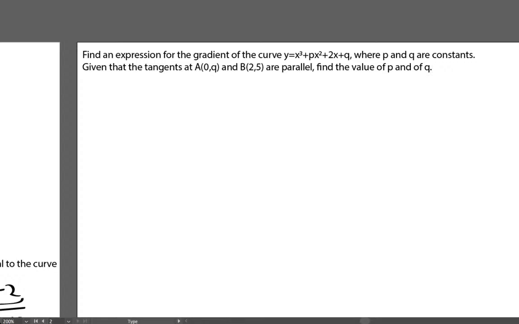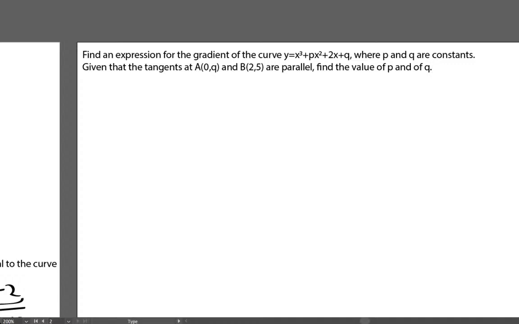First things first, we want to notice that point A and point B are on the curve. When you plug in the q there, it would be q equals q, which would be useless.